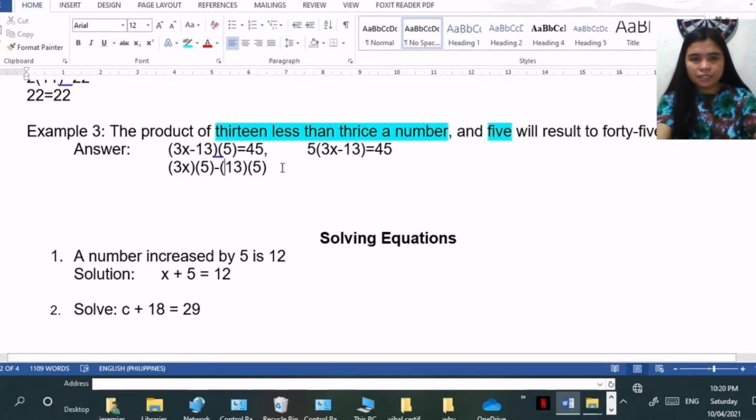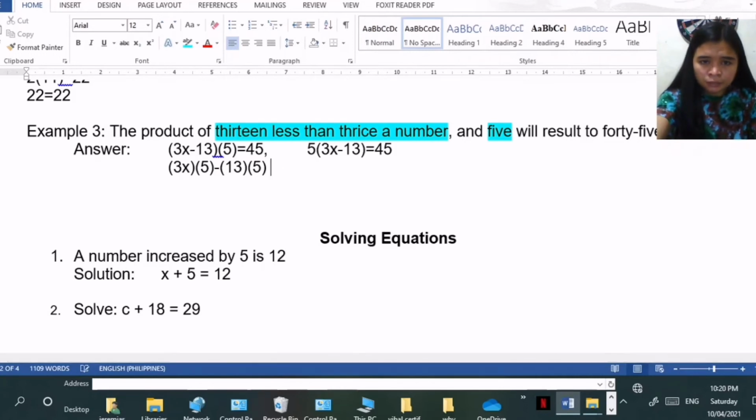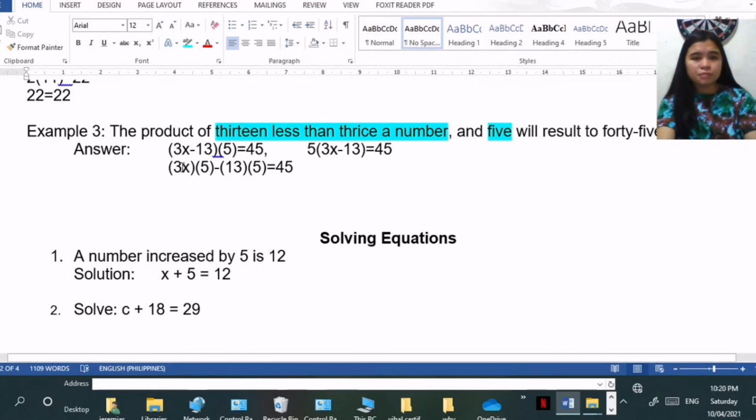And then copy equal, is equal to 45. Ayan. So, bakit naging ganito ang ayos? Kasi nga, i-distribute natin si 5 sa 3x and then sa 13. Kaya naging 3x times 5, then copy minus, and then 13 times 5. Okay po.